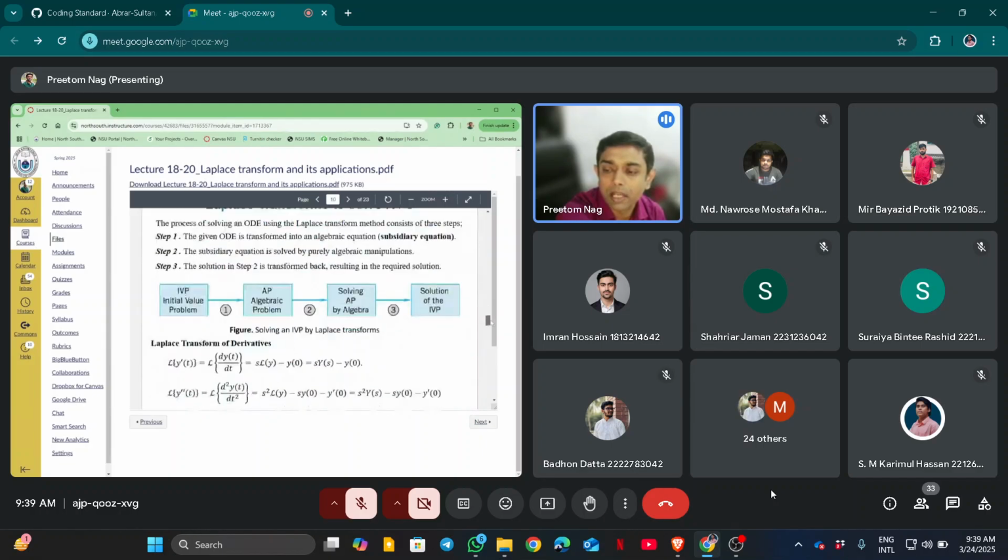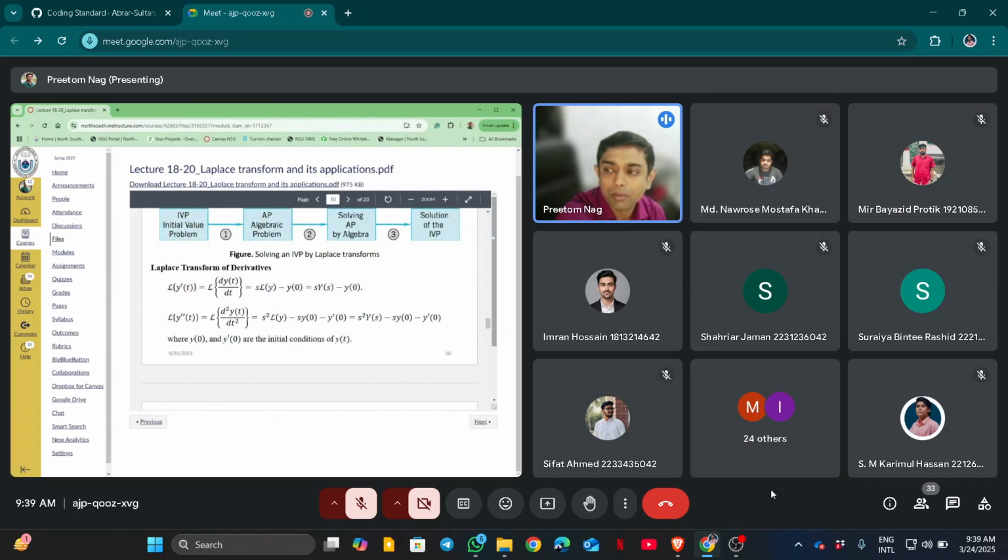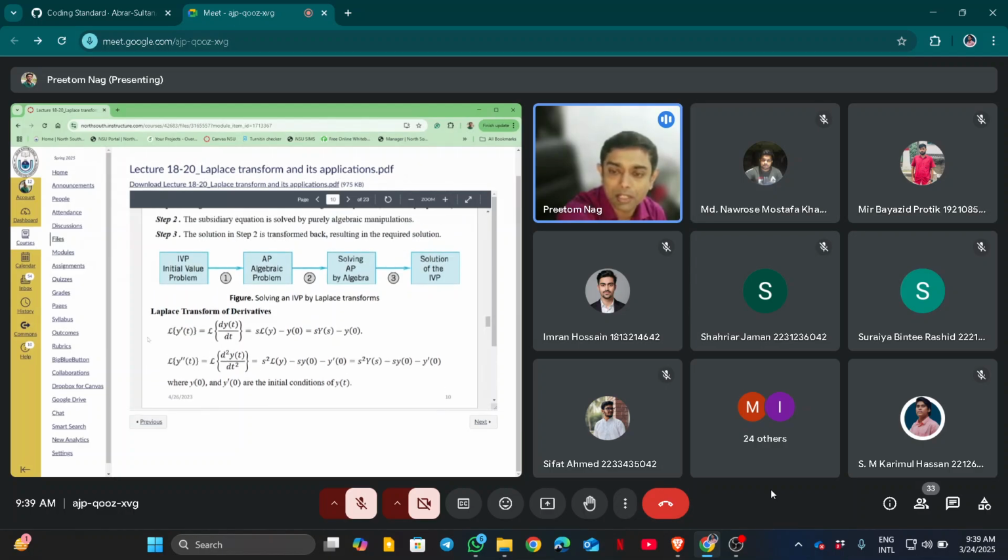Now, I would like to see what the Laplace transformation is for a derivative function. Up to here we have mostly considered second order derivative differential equations.